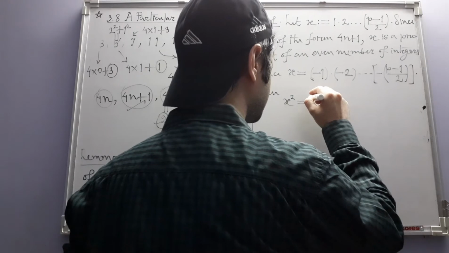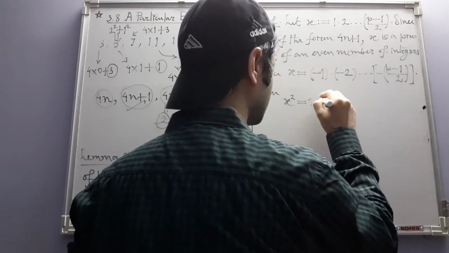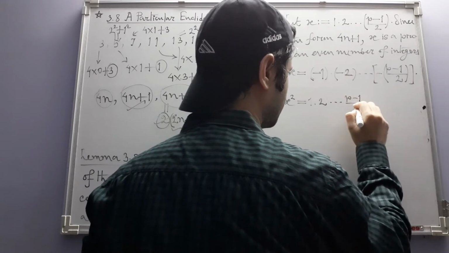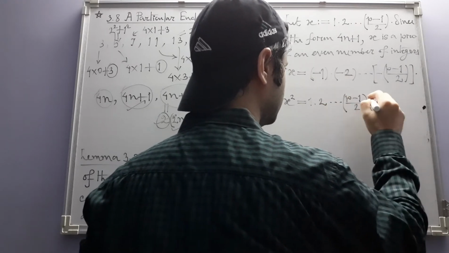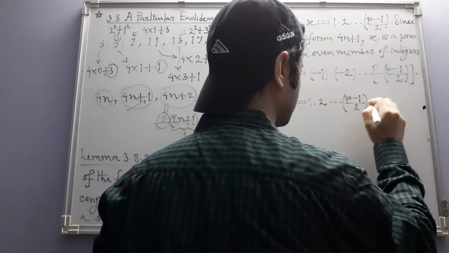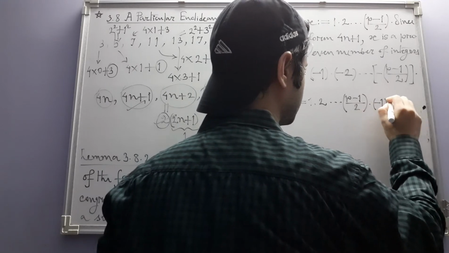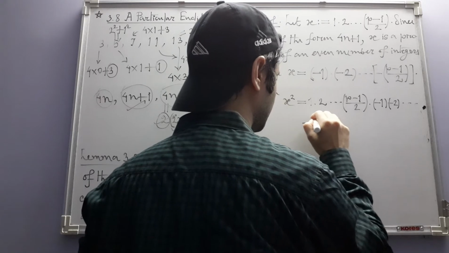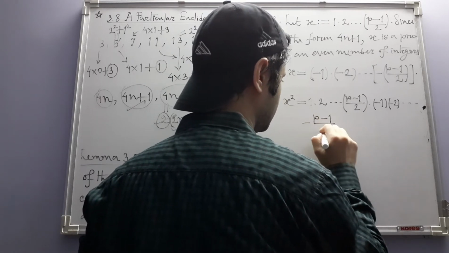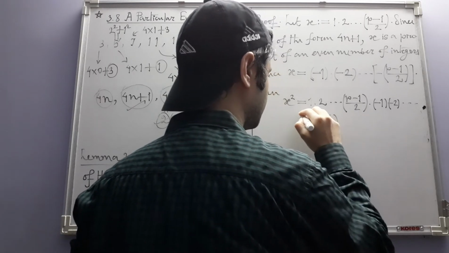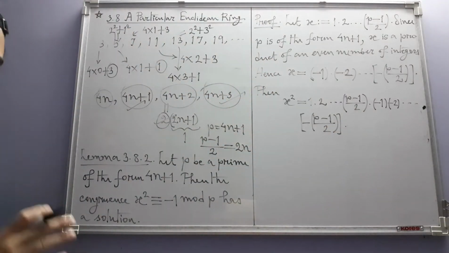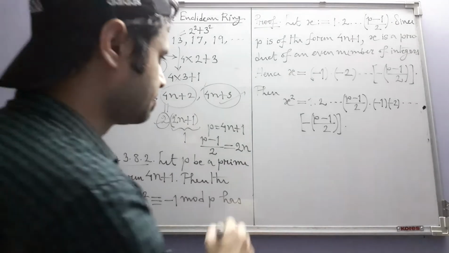So we can write this product like this: 1, 2, etc. to p minus 1 by 2 times minus 1, minus 2, etc. Let me write here minus p minus 1 by 2. Okay, so x square can be written like this.